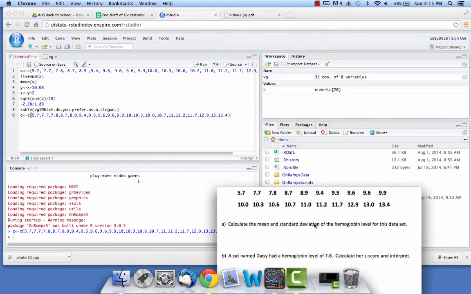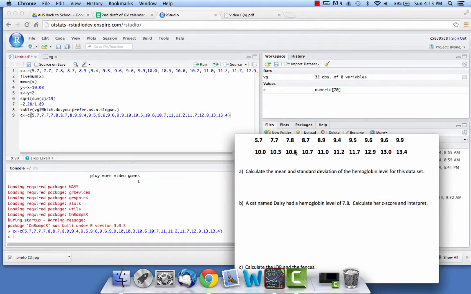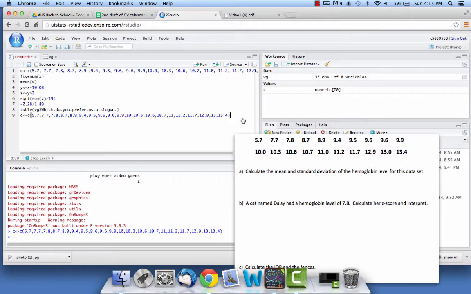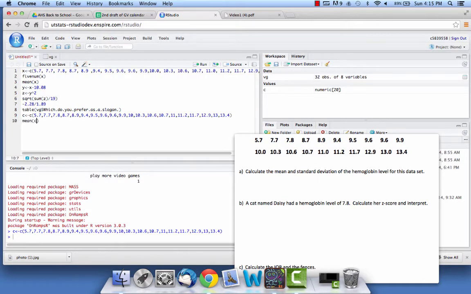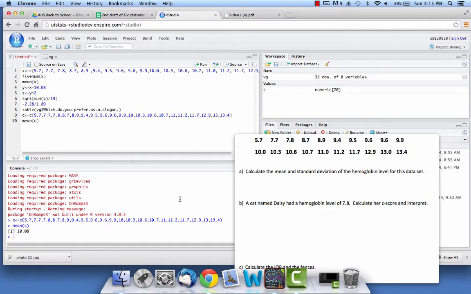We're supposed to be 20. There are 20. Good. Okay, so we want the mean. .08.